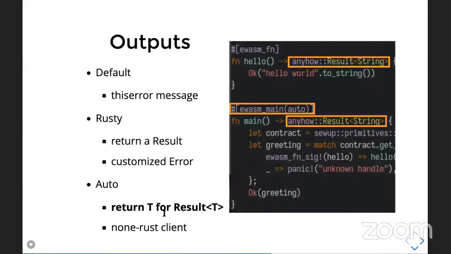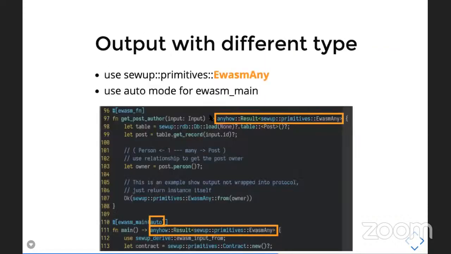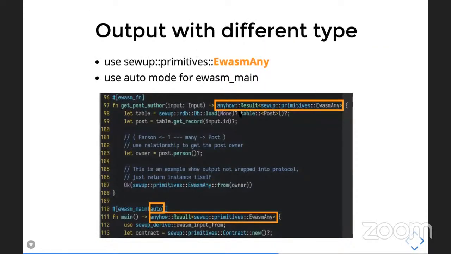And here's an example if we want to return a type with auto. It's just like this. We use auto, and return any of our results that is a string, and the actual result will be a string. Okay, so if we want auto output but there are different types, how can we do this? Because Rust is a strongly typed language. This may be easier to do in some weakly typed languages such as Python or JavaScript. But in a strongly typed language, we need something we call EwasmAny.